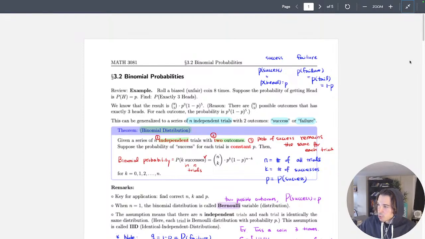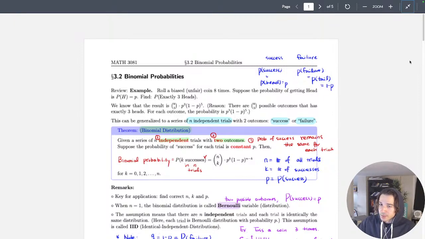Because again, we're rolling a coin 8 times, and we're looking for the probability of exactly 3 heads. So of course, 8 choose 3. For each outcome, the probability is p cubed times 1 minus p to the 5th. Again, this is an unfair coin.